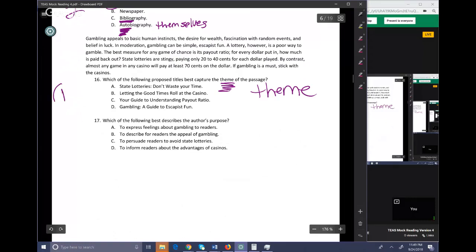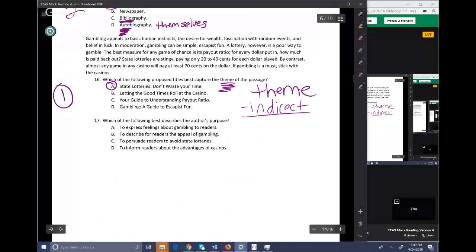This is from reading 1, whether it's supposed to be theme or whether it's supposed to be a little bit more like the main idea, which is what it is, but the choice should be A. This was written to say, whether directly or maybe a little more indirectly, I think that's why they chose the word theme, is maybe it's a little bit indirect what the point is. State lotteries don't waste your time. That would be the point that was kind of trying to be made.